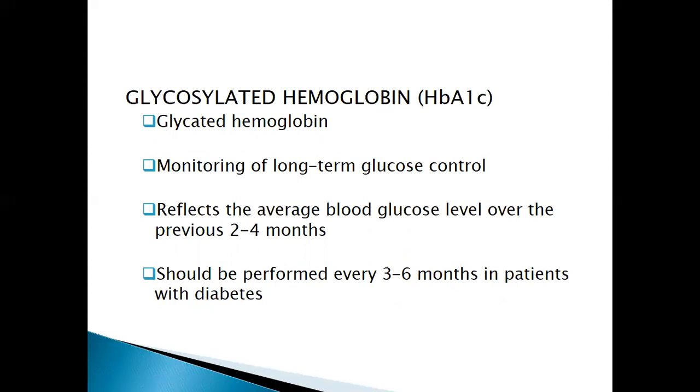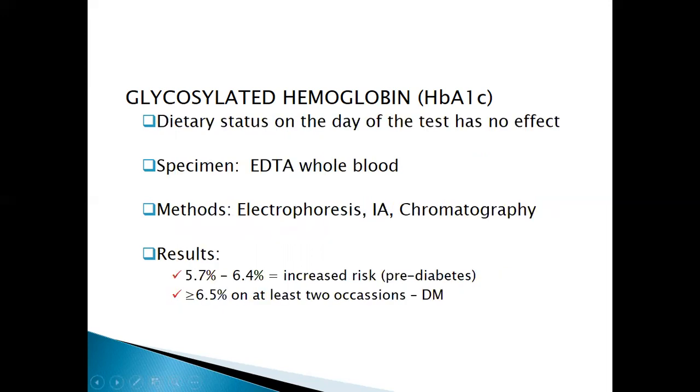Usually the cutoff is an HbA1c level of more than 6 to 6.5. A level above those is actually considered as diabetes already. So a level of 6.5 above is considered diabetes mellitus.